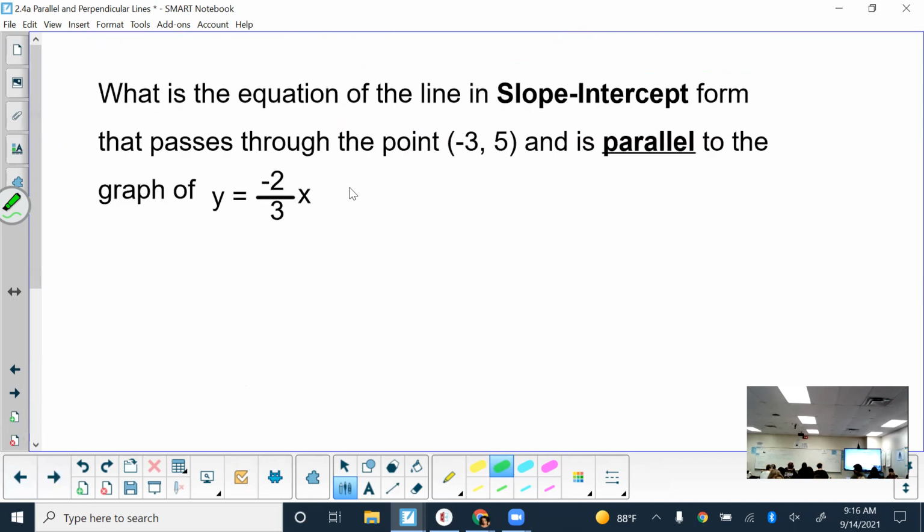So class example. All you have to write is what I'm going to highlight: passes through the point -3, 5, and is parallel to y equals -2/3 x.